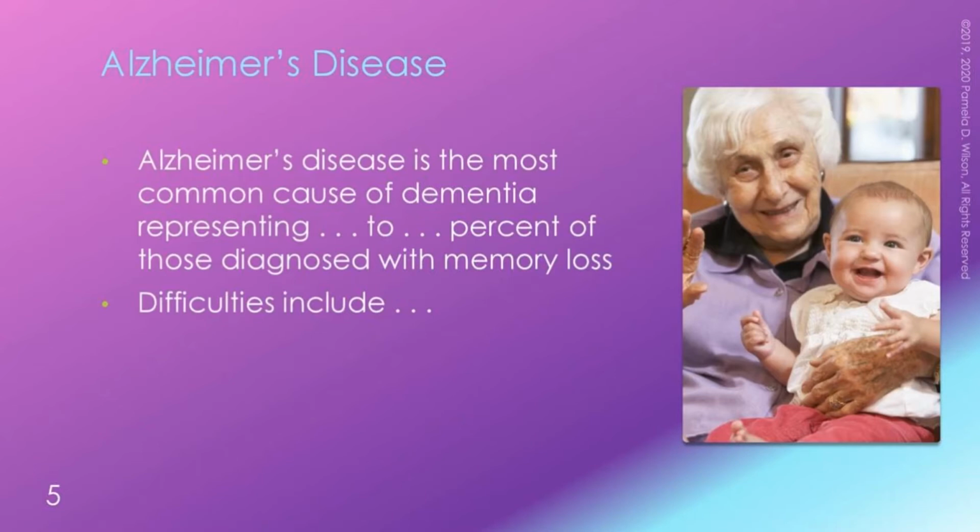Money becomes more difficult to manage. Hygiene, bathing, changing clothes, brushing teeth, those tasks go uncompleted. Weight loss can occur because of forgetting to eat. Early mobility concerns, walking, balance, and gait can turn into more serious things like falls.